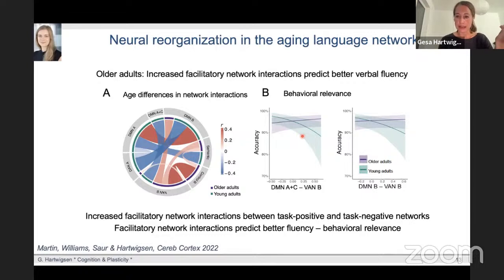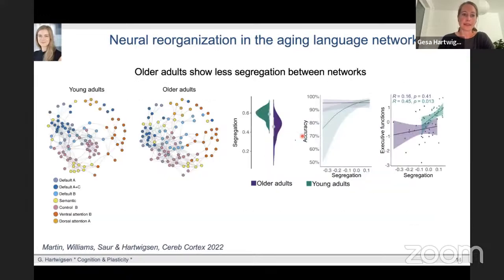And this may indicate that older subjects use different strategies. They rely more on the networks that are less needed for good task performance in young subjects. And this is data from a graph theory approach where we could back this up with other measures, which shows that older adults also show less segregation between networks. What does that mean?